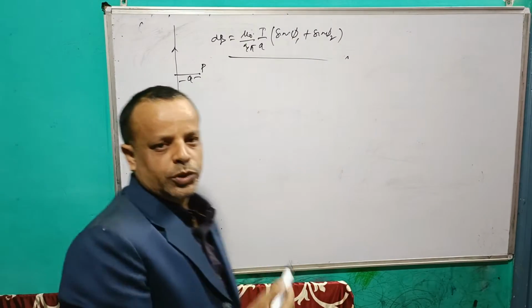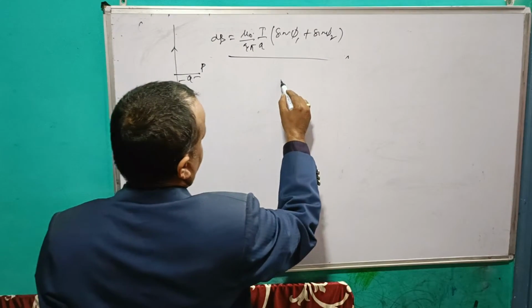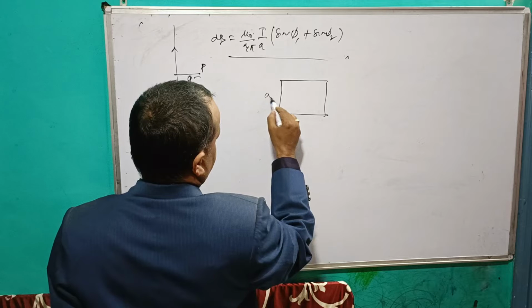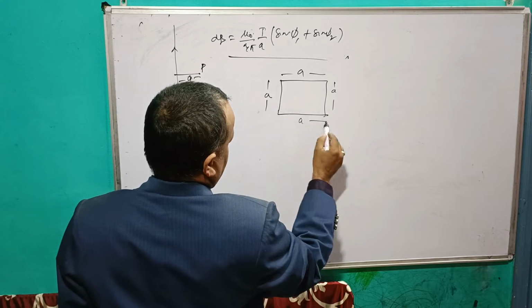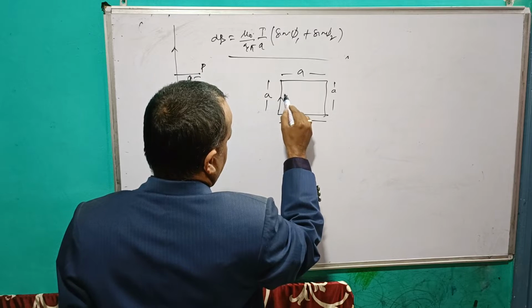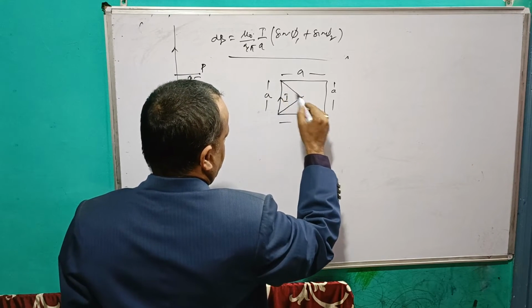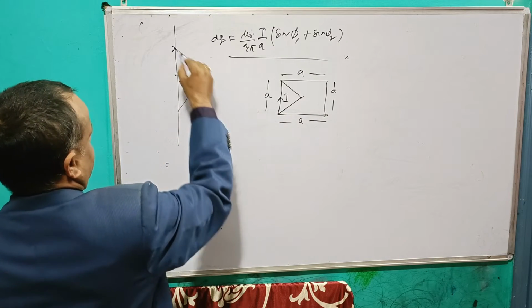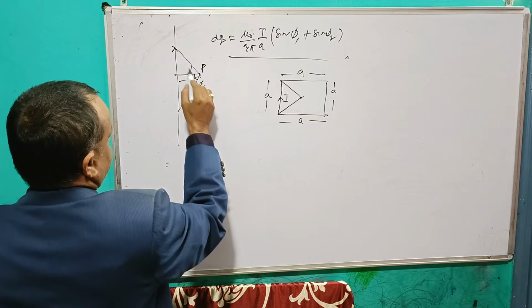See, a question based on this will be like, they will ask you to find the strength of the magnetic field at the center of a square. This is a square and it has current I. Then what is the magnetic field at the center of the square? Applying this formula, this is distance A, this is phi 1, this is phi 2.